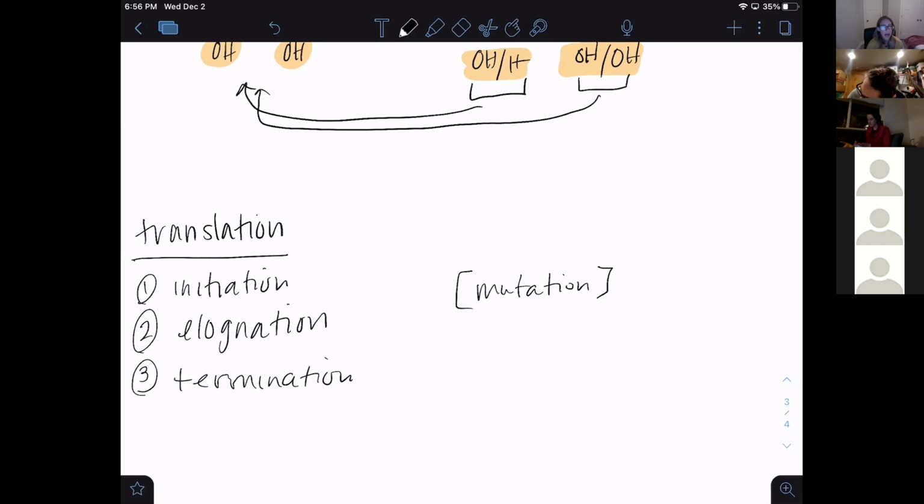Cool. How are the correct amino acids brought to the ribosome for protein synthesis? Let me repeat. How are the correct amino acids brought to the ribosome for protein synthesis? Codons pairing with anticodons with tRNA.